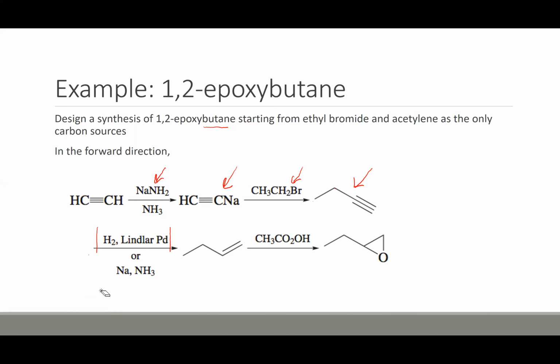Lastly, and we talked about this last chapter, how do we do an epoxide formation? Here's our reactant for the epoxide formation from a double bond. Remember, this is this special molecule, which has an oxygen-oxygen bond you don't see very often.